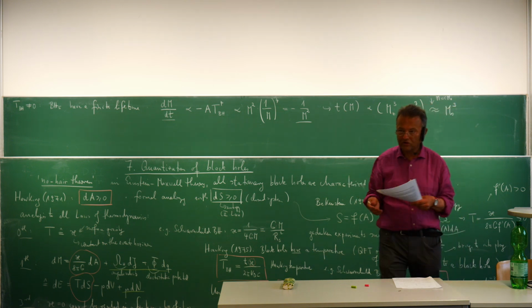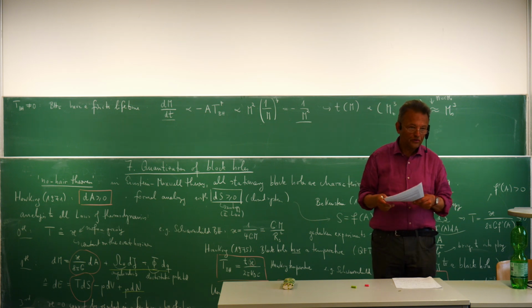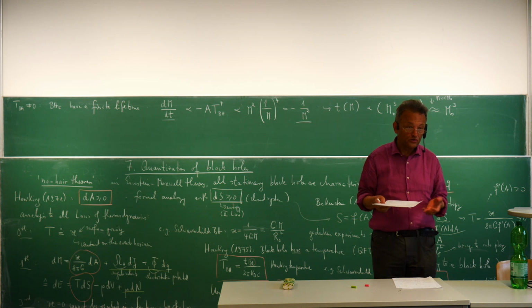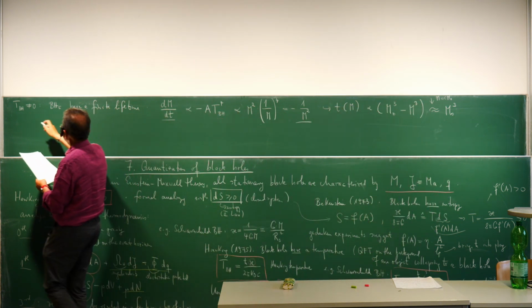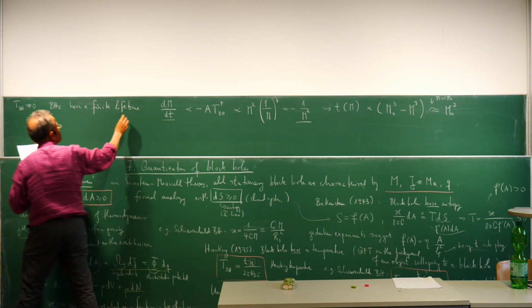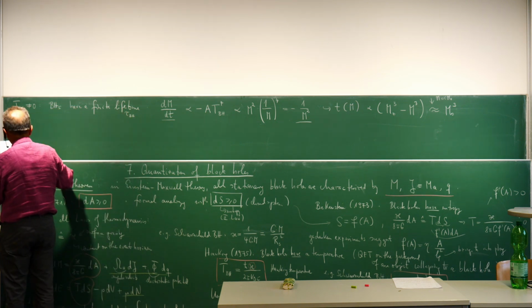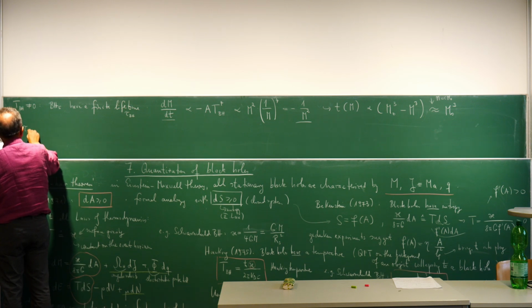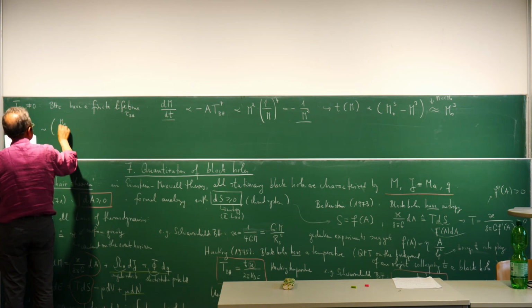So if you have some black hole with initial mass m0, then you find the lifetime by the third power. That is, if you insert units, so the lifetime, I call it T_BH, is then of the order of m0.